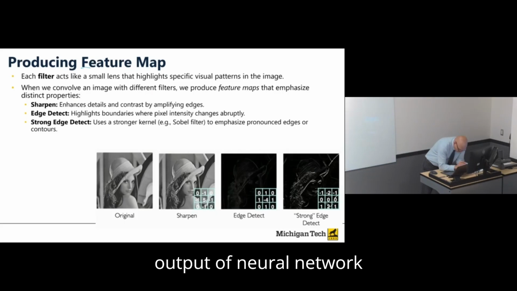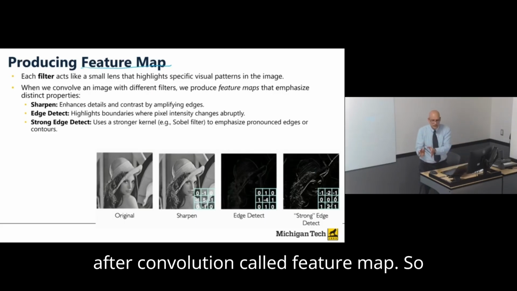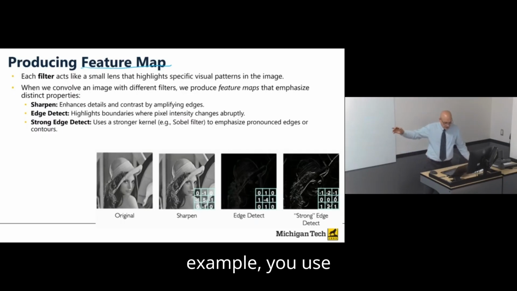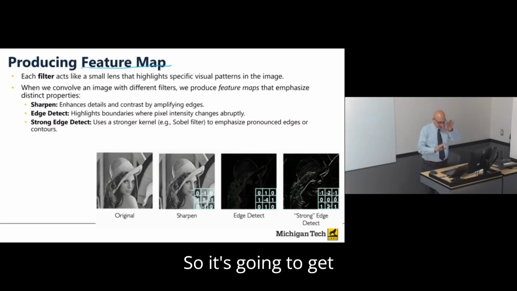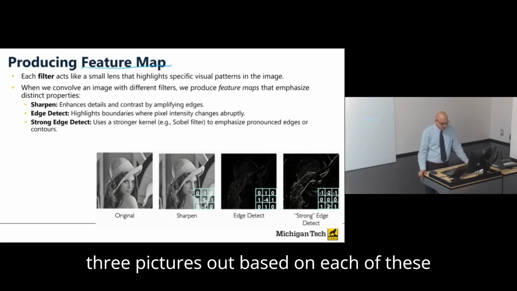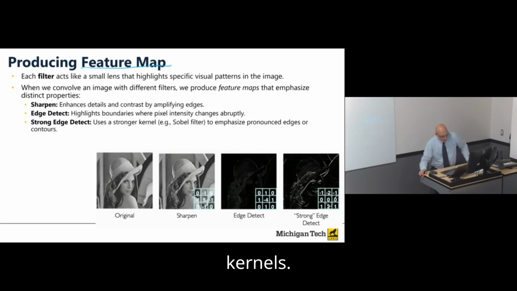The output of a neural network after convolution is called a feature map. For example, if you use three kernels, you get 3 pictures out, one for each of these kernels.